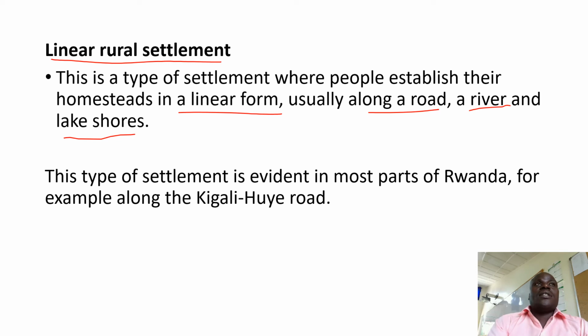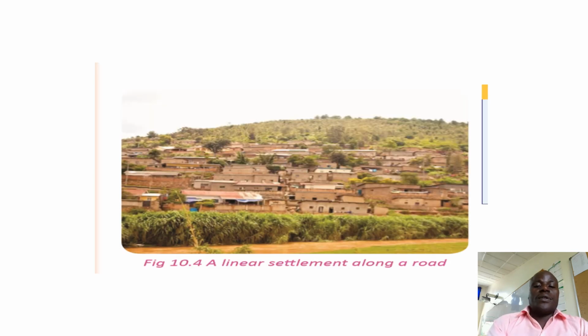This is easily identified in Rwanda, for example, along Kigali-Huye Road, Kigali-Kagitumba Road, Kigali-Katuna Road, Kigali-Rusumo Road, Kigali-Goma Road, etc. This photograph also tries to illustrate how a linear settlement looks like.